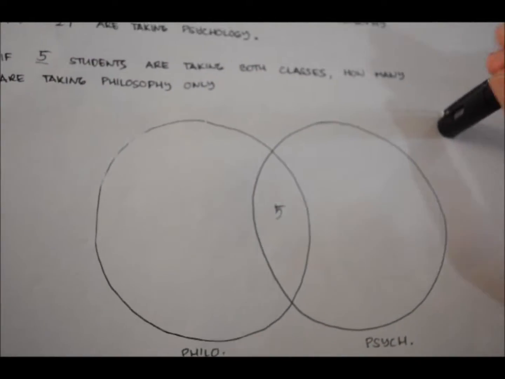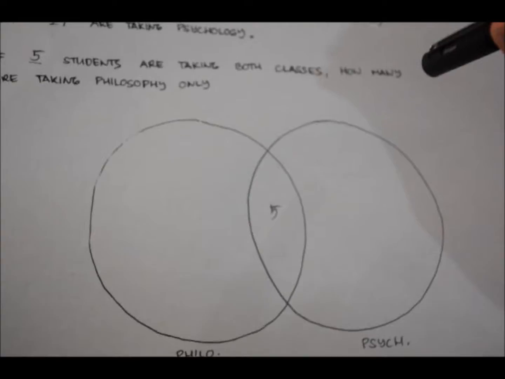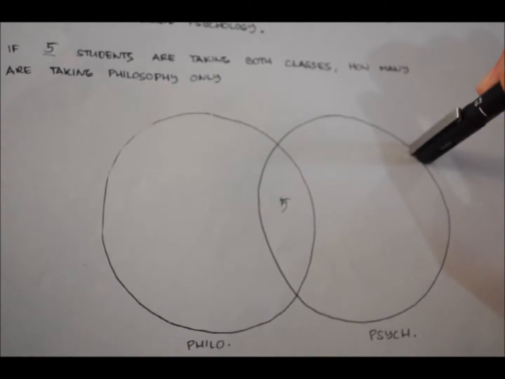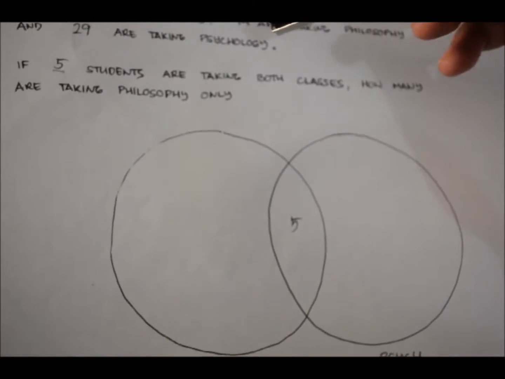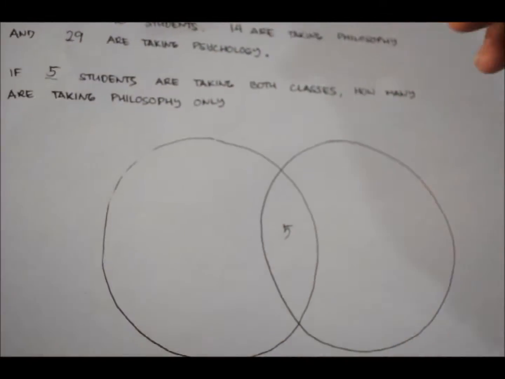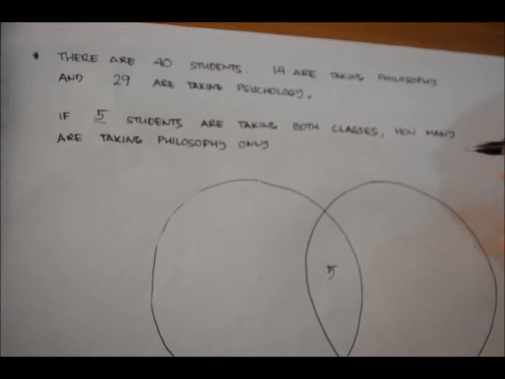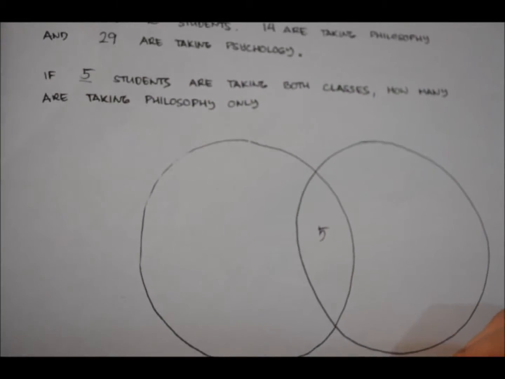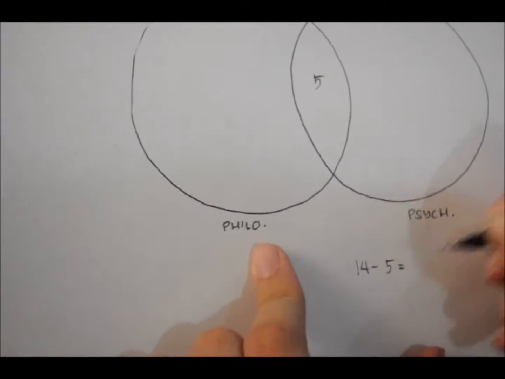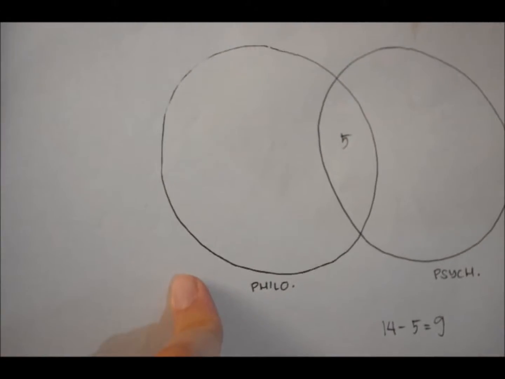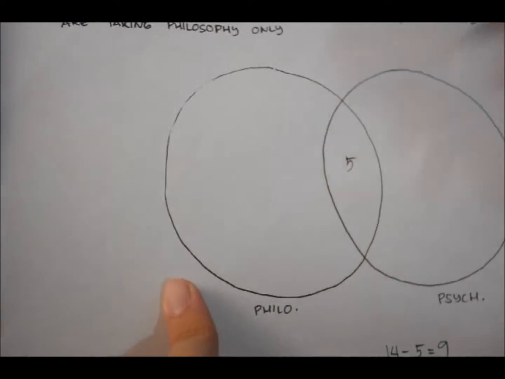In order to solve how many are taking philosophy only, we need to subtract 5 from 14 and 29. So 14 minus 5 is equal to 9. 9 people are taking philosophy only.